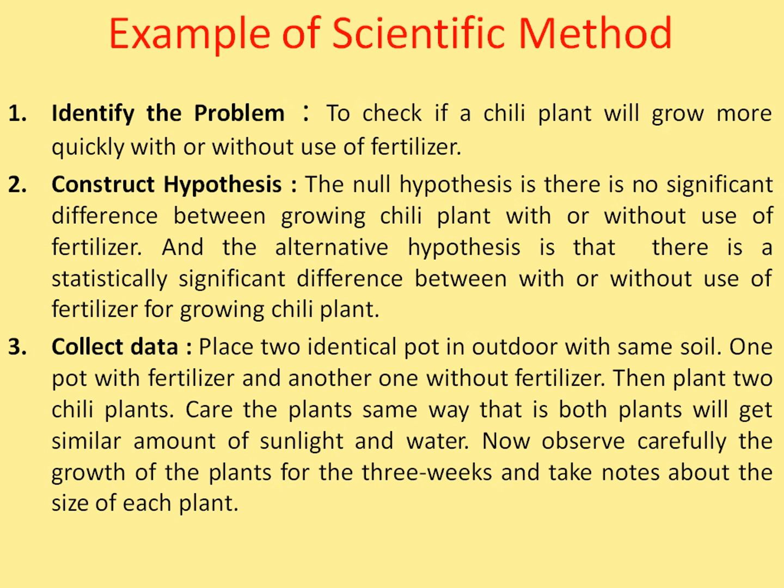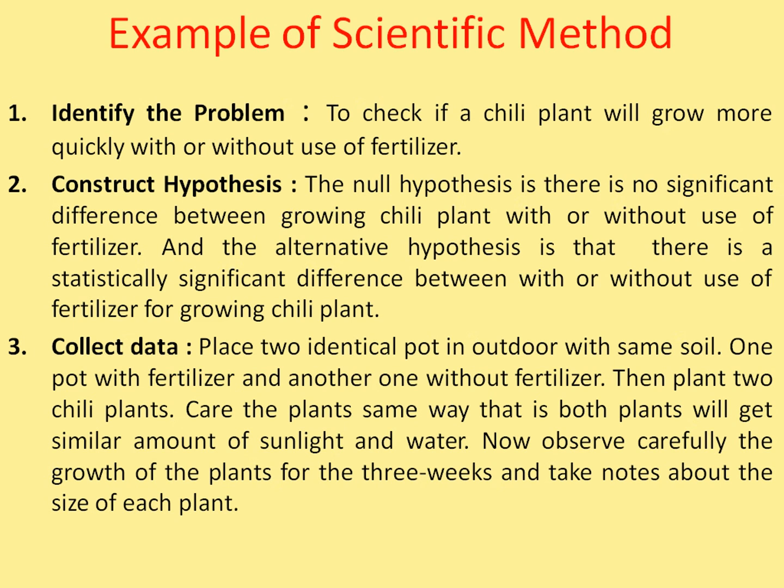The null hypothesis is that there is no significant difference between growing a chili plant with or without fertilizer. The alternative hypothesis is that there is a statistically significant difference between with or without use of fertilizer for growing a chili plant. Step 3 is collection of data or experiment.